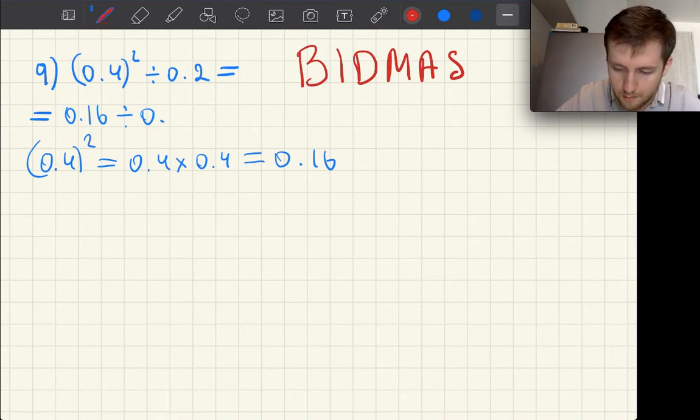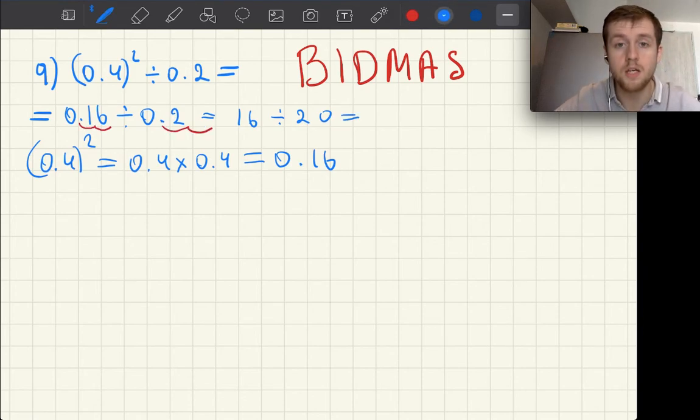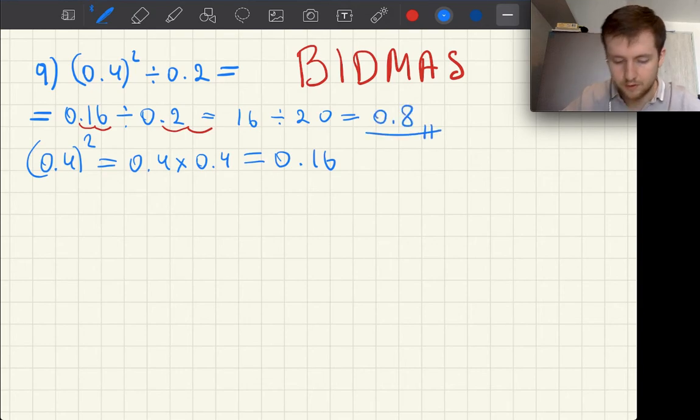So it's going to be the same thing as 16 divided by 20, if we move the point 2 steps to the right, and 16 divided by 20 would be equal to 0.8. So that's the final answer.